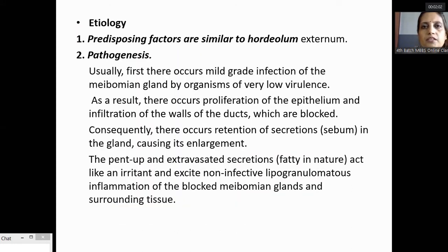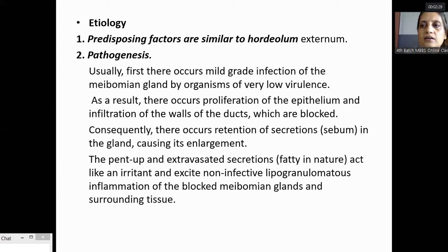So the predisposing factors are the same as those of the external hordeolum. In the pathogenesis there is a predisposing infection, and gradually there is colonization by organisms which may be of low virulence type, and infiltration of the wall of the duct, which becomes blocked.